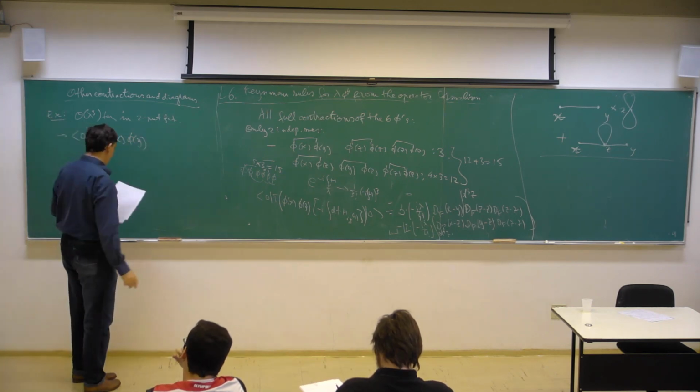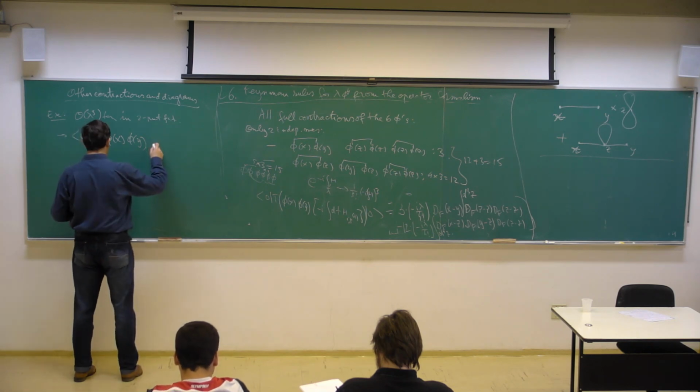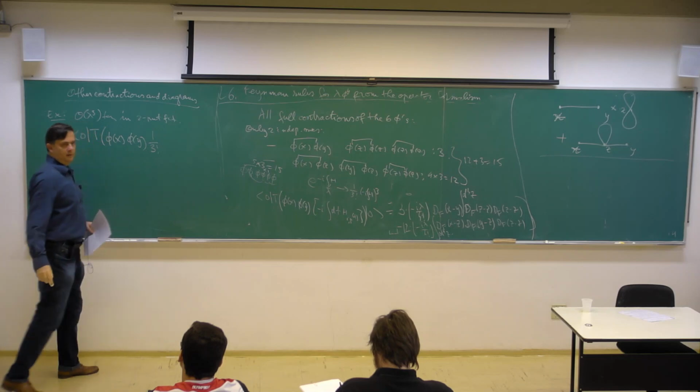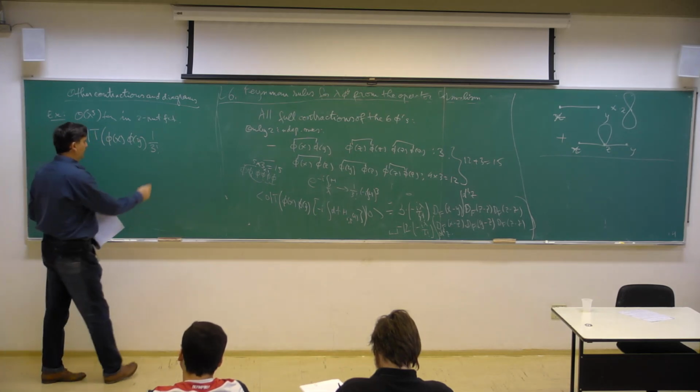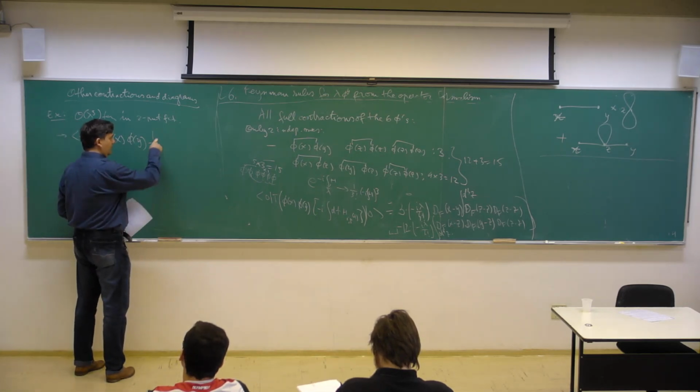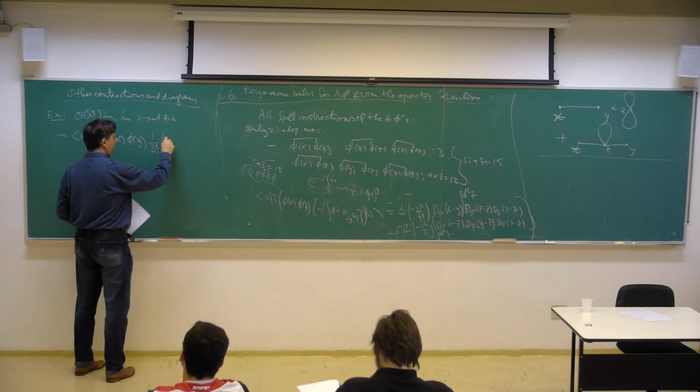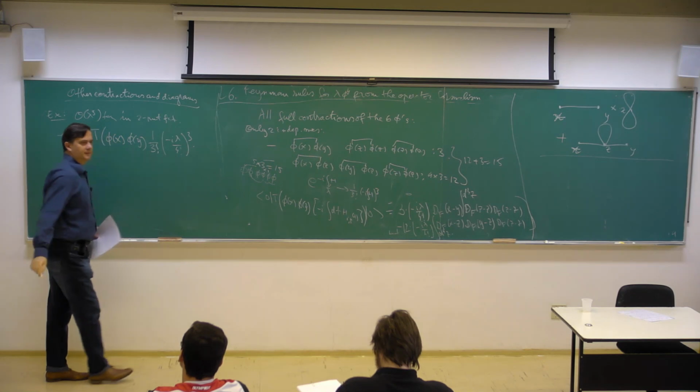But now I consider the cubic term in the interacting Hamiltonian. So 1 over 3 factorial, and minus i lambda over 4 factorial cubed.